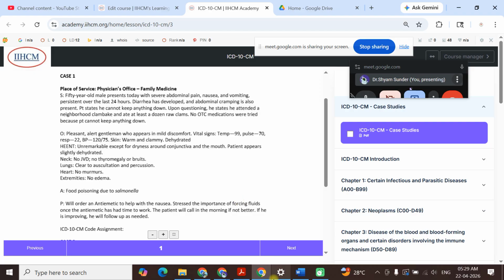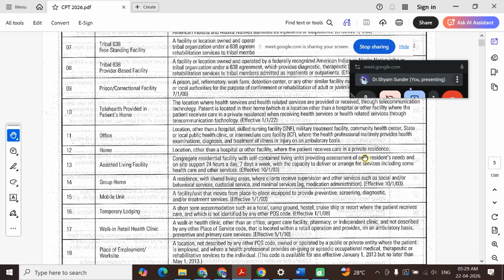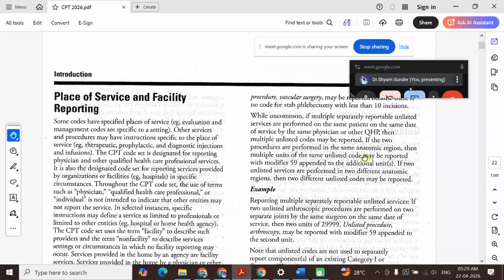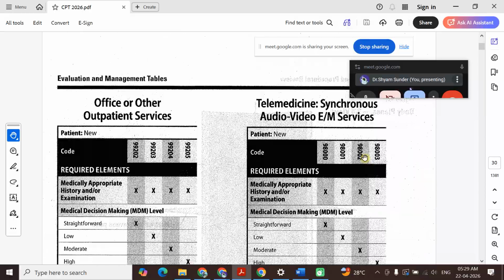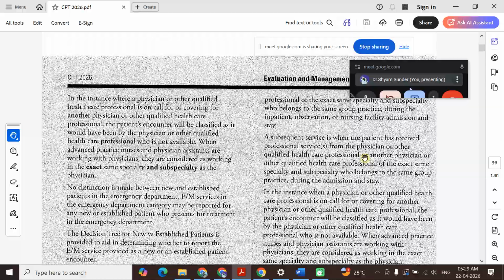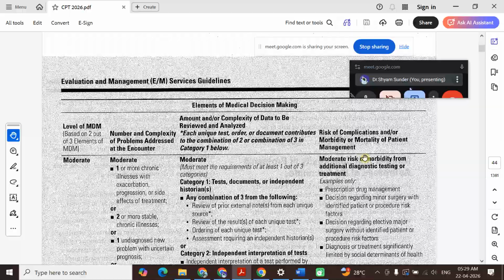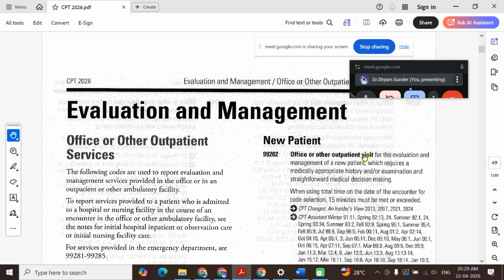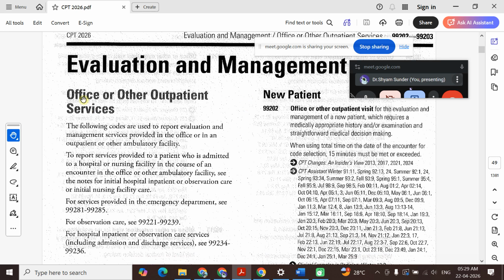All right. So let us go to the E/M codes, the very first code. The first place of service in the discussion is office or other outpatient services.